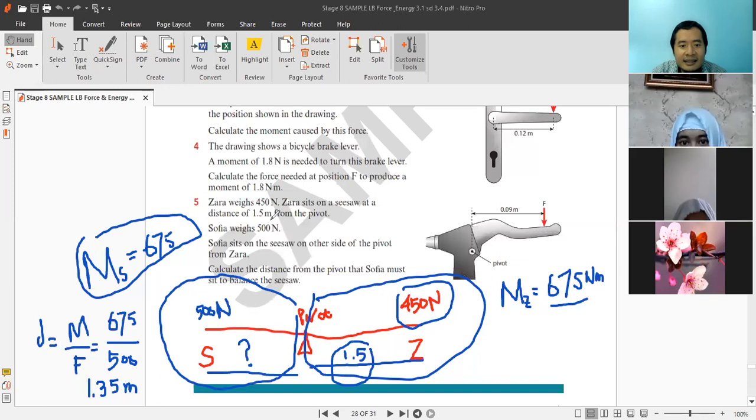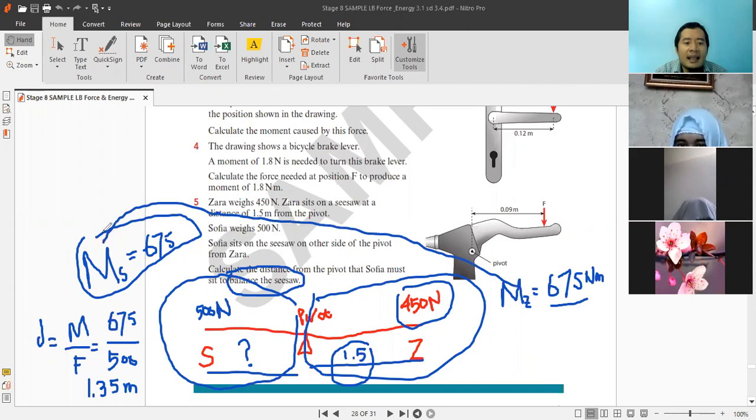Because this is a balance condition, MZ equals MS. Once MS is found, D can be found: Sofia's distance is Sofia's moment divided by Sofia's force of 500.